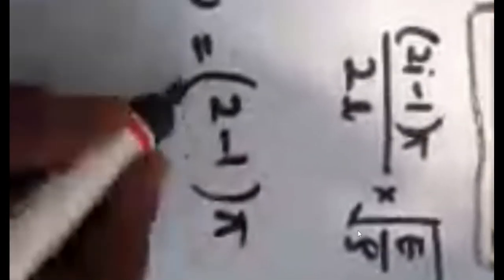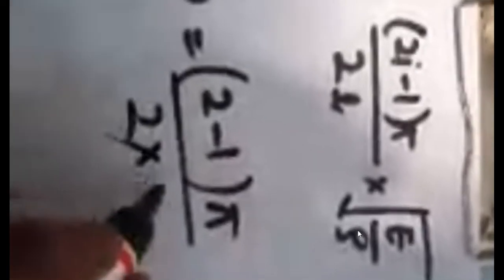So (2 minus 1) pi upon 2 into length, which is 1 meter. Here we are assuming that the shaft is of mild steel, so the Young's modulus of mild steel is 210 GPa, and the density of mild steel is 7840.